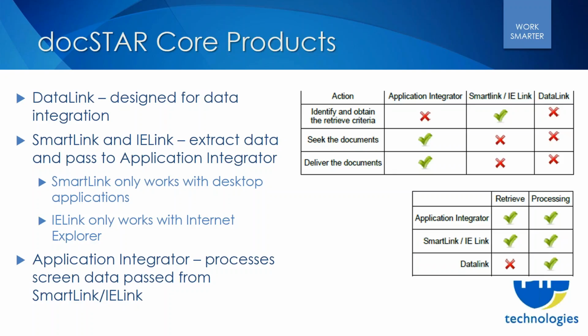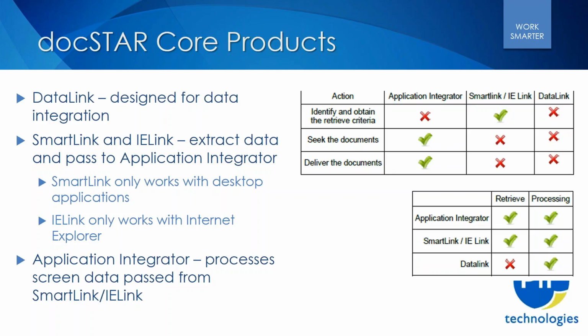These are separate modules: Data Link, SmartLink, and Application Integrator are essentially three separate products, and you'll see on the right here what they actually do. Data Link does the pushing and pulling of data, whereas SmartLink is a screen scraper, so to speak.